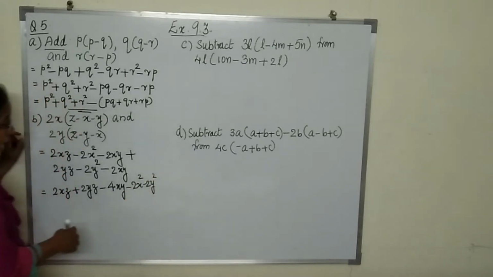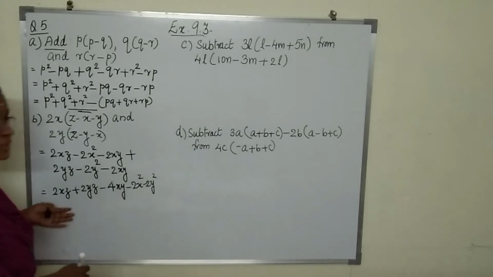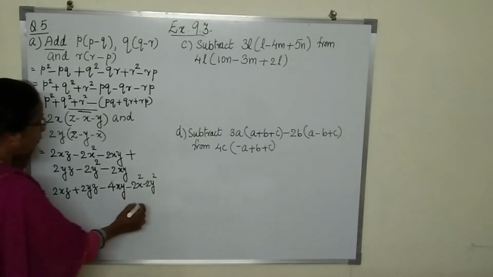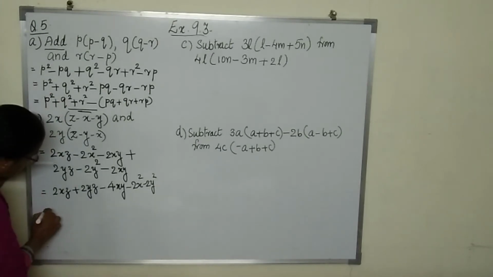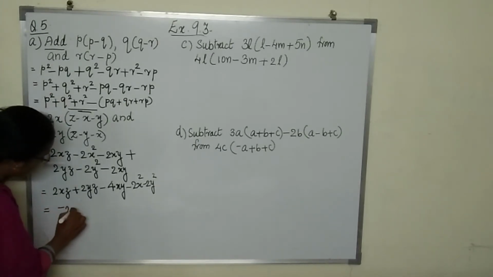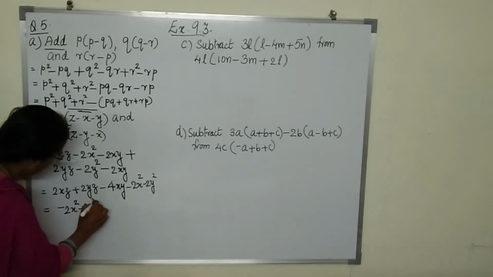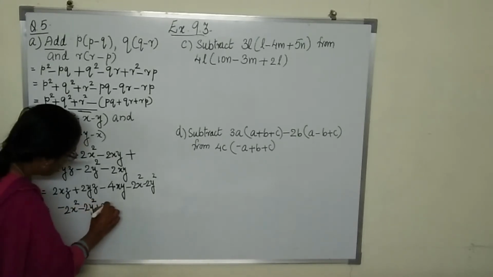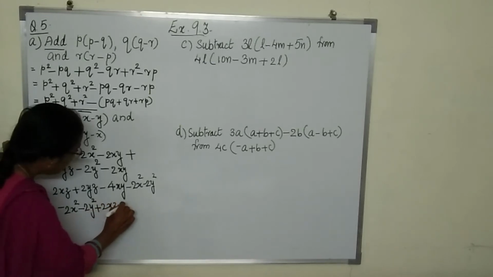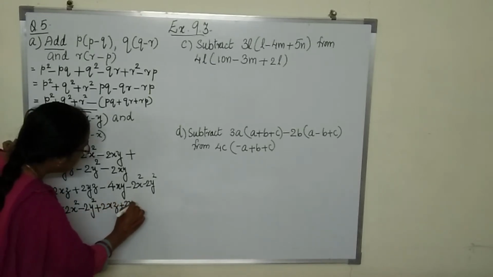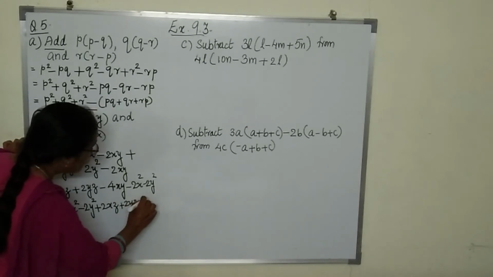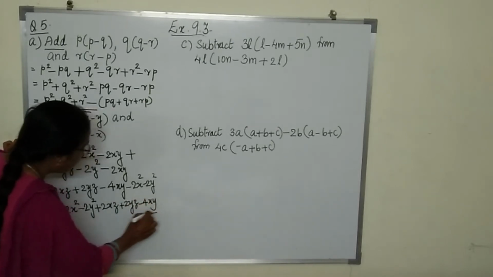If you wish to write 2x square first, you can arrange it in any order. That will be equal to minus 2x square minus 2y square plus 2xz plus 2yz minus 4xy.